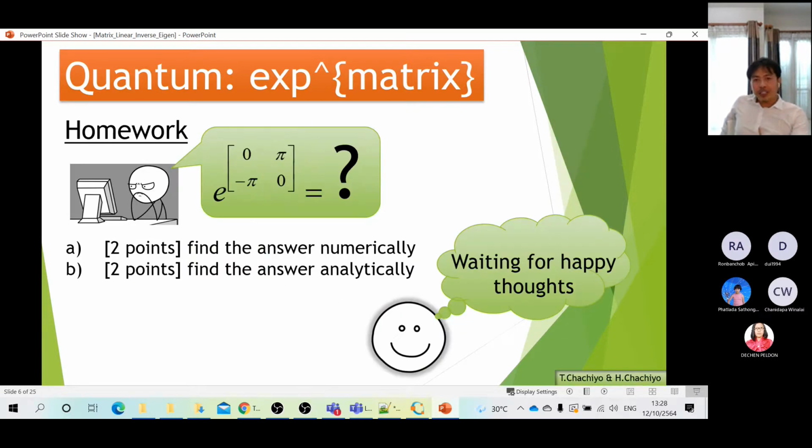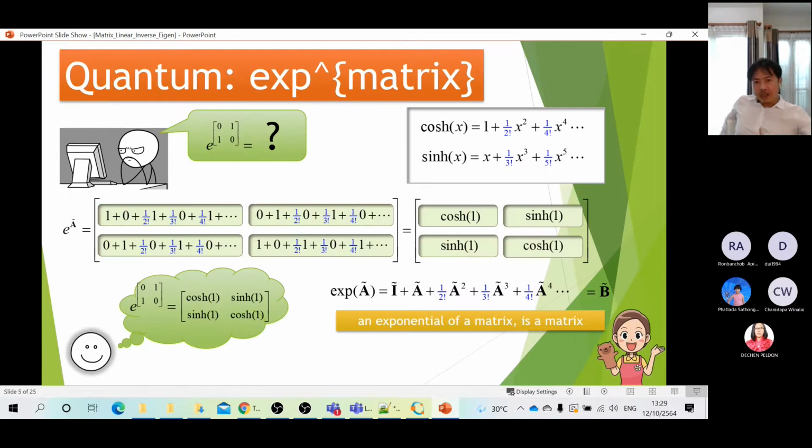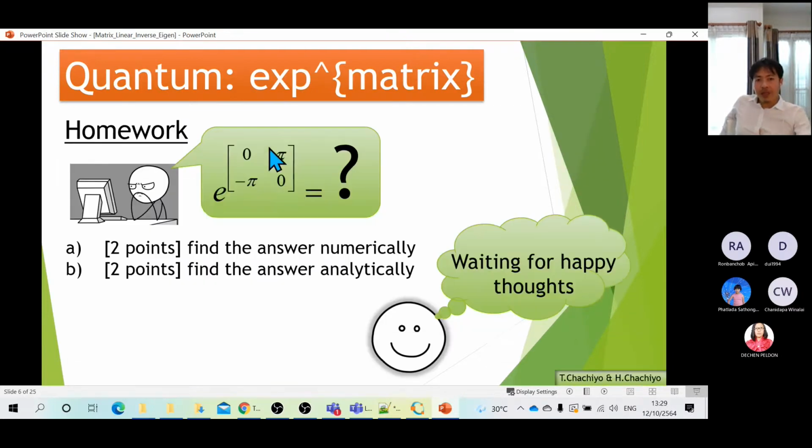Now, before we go on to the next topic, I have homework for you guys. This is a very special property of a matrix. If I instead change the problem from 0, 1, 1, 0 into something else, like 0, pi, minus pi, and 0, what would be the final answer for this here?